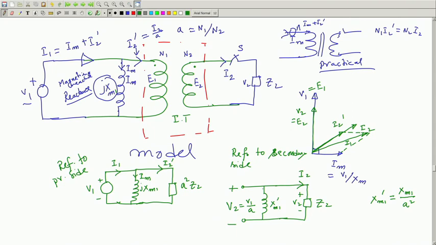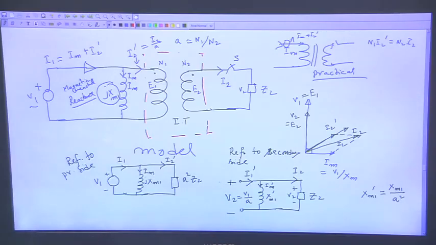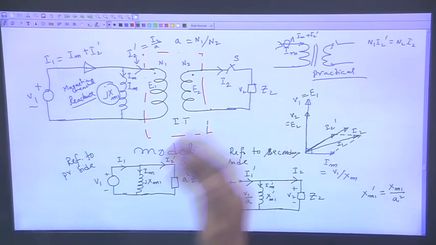So you solve this, this you write I m dashed, reflected current, and then what current you will get? I will get I 1 dashed. So you either solve this circuit, get everything, because this is somewhat a practical transformer, solve this circuit, get I 2 dashed and then predict what will be I 2.